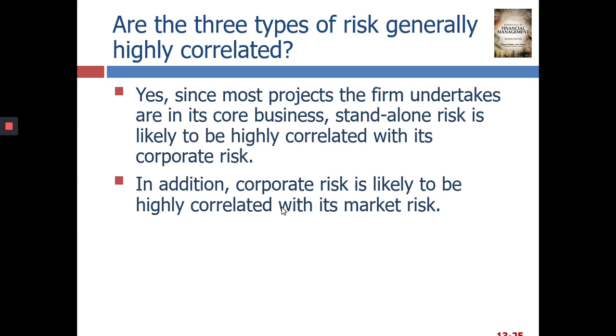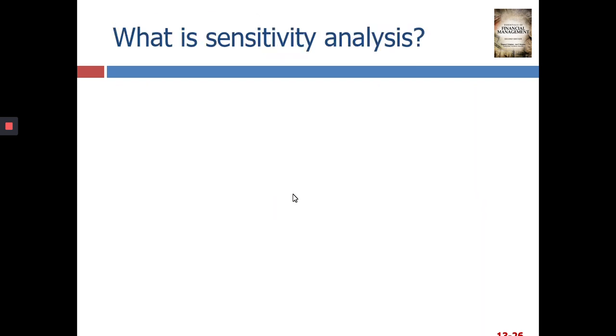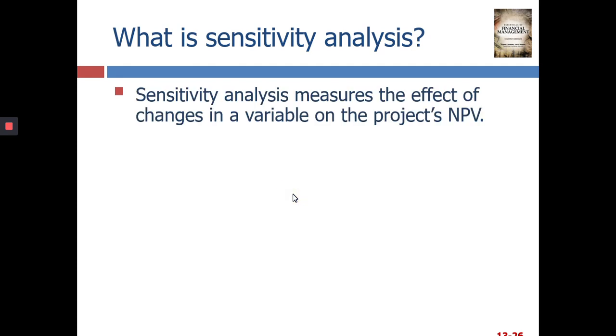So what is sensitivity analysis? It's a measure of the effect of changes in a variable on the project's NPV. We want to know how sensitive a project is. If the revenue drops by 10%, am I still going to make a profit? If not, it's definitely going to impact the business.